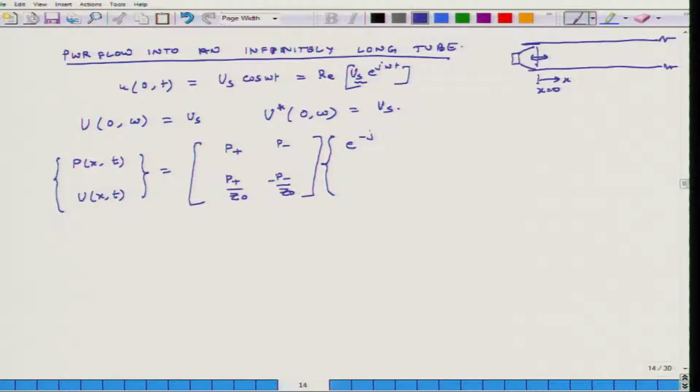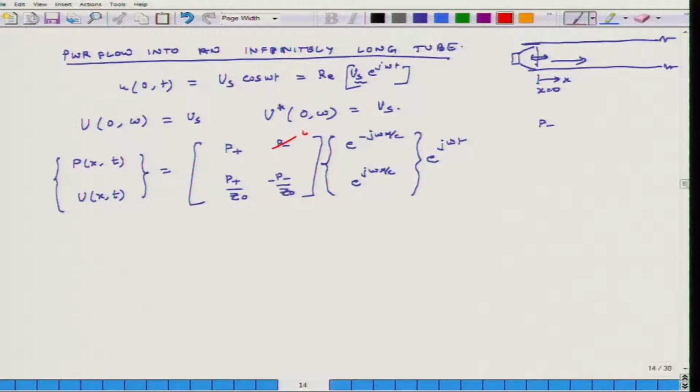Now, this is an infinitely long tube. So, once sound goes in this direction, it has no chance to get reflected and come back, which means that P negative is 0.